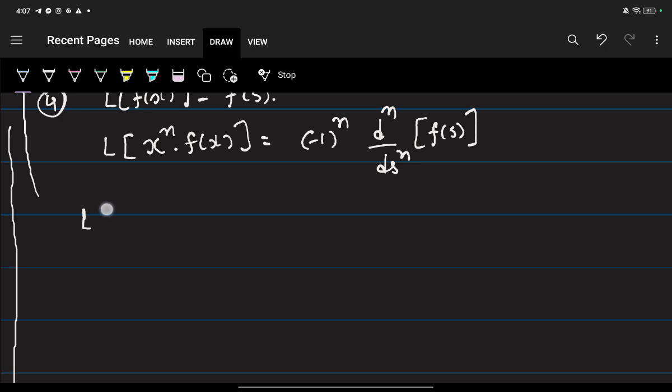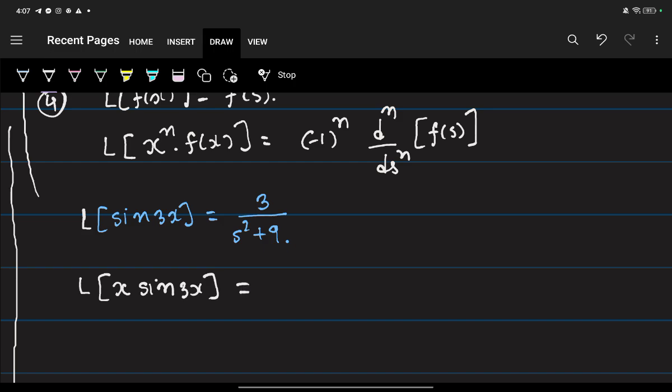Let's say we know that the Laplace transformation of sine 3x is simply 3 by s square plus 9, right? Now what will be the Laplace transformation of x sine 3x? Here, as you can see, x has power one, so it will be minus 1 raised to 1 times d raised to 1 by ds raised to 1 of the Laplace transformation of the function, that is 3 by s square plus 9.